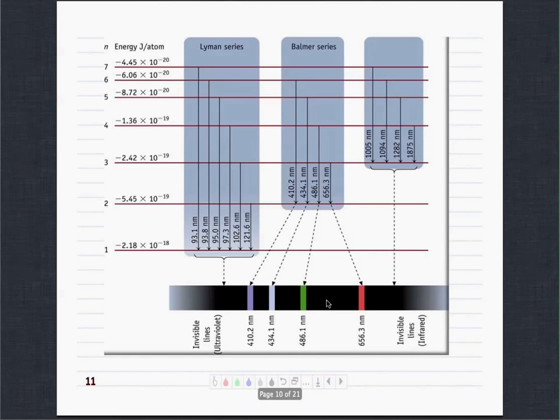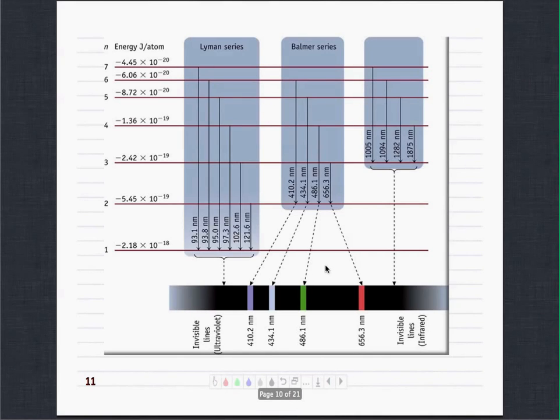Because energy and wavelength are inversely proportional. This is one of the hardest concepts: the shorter the wavelength, the higher the energy. It corresponds to the highest energy difference between the energy levels. Some of these we saw, and the others we couldn't.